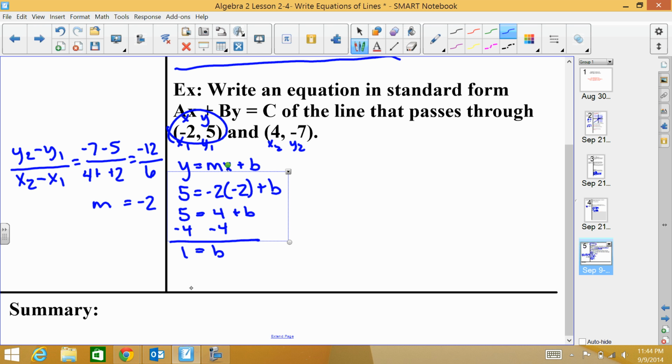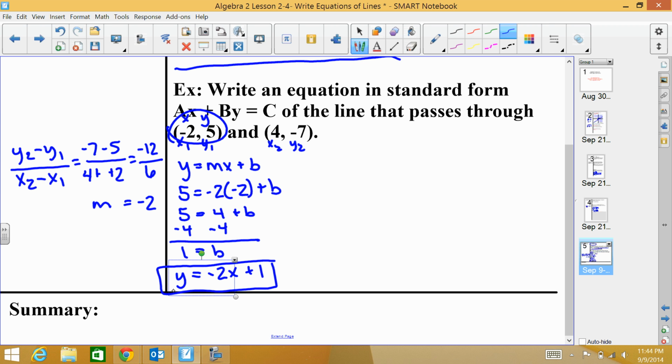So my equation would be y equals negative 2x plus 1. Now I'm not going to show this one in point-slope form, but if you do that, you should still end up with y equals negative 2x plus 1. So you can work it out that way right now and pause the video if you'd like to do that.